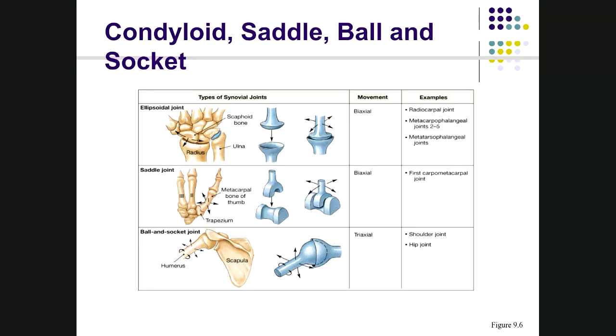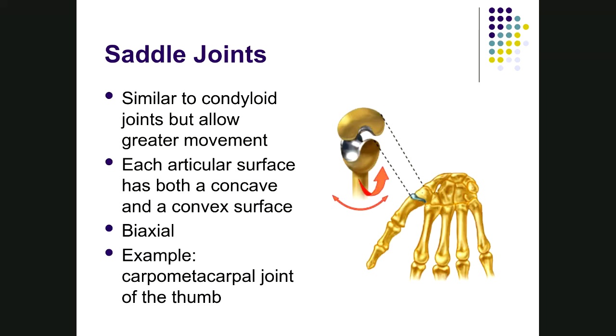Let's look at a saddle joint. So remember, this is like a little man sitting on a saddle. So there's the little man, and there's the saddle right there. And look, both surfaces have a convex and a concave.